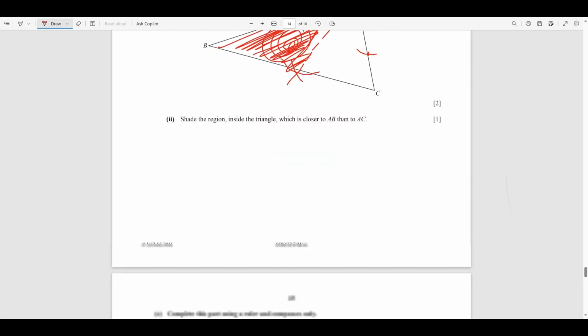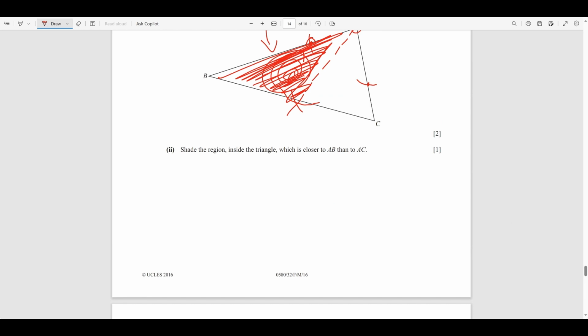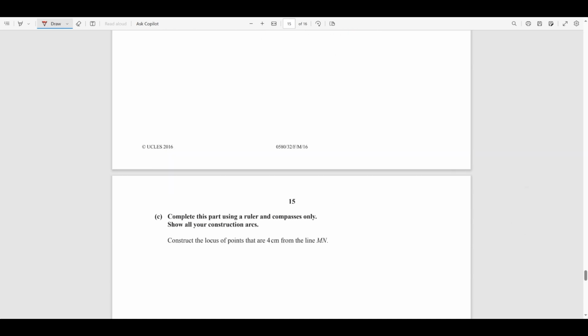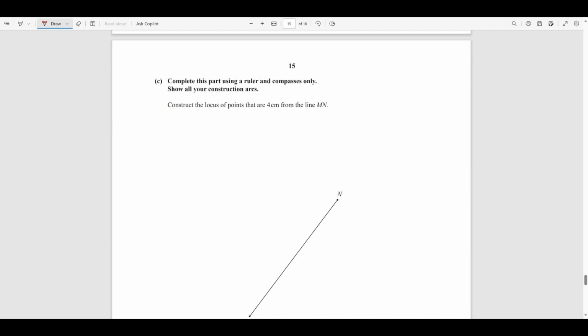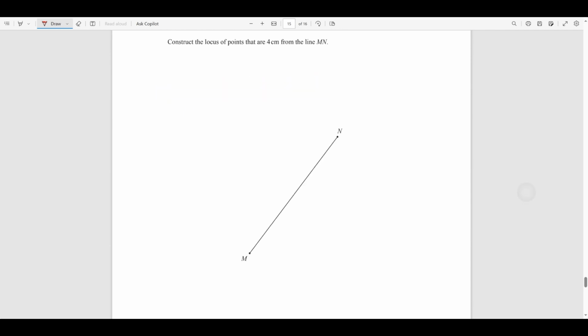Part C, complete this part using a ruler and compasses only. Construct the locus of points that are 4 centimeters away from the line MN. Now there could be infinitely many points which are 4 centimeters away from the line.